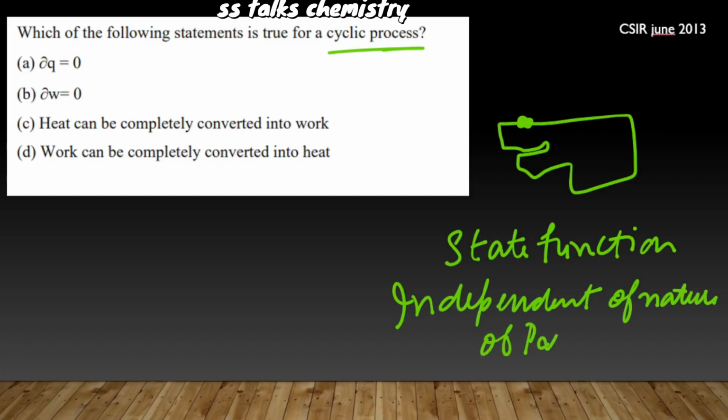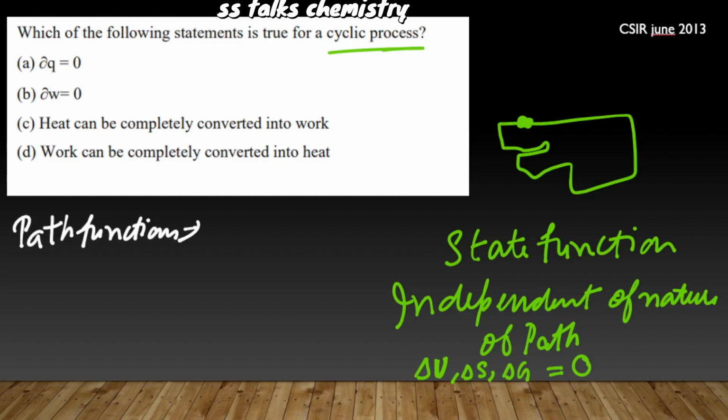For them, the change in the state functions, like du or del u you are observing, or the change in the entropy or the Gibbs free energy, these values are going to be zero. This is true only for the state functions. But the path functions are dependent upon the nature of the path that has been followed.